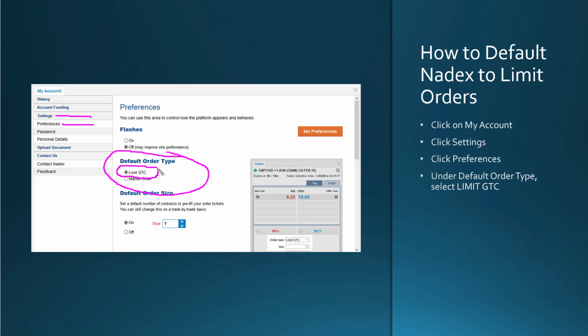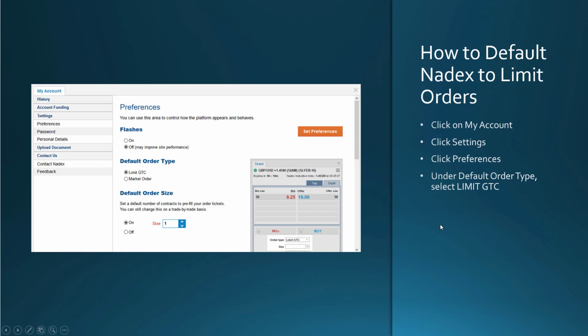Make sure that your limit GTC is highlighted, or the little circle is by limit GTC. You can also set your default contract size right here. If you want it to be a default of 1, 2, 3, 4, whatever you want, you just set it right here, and that way you're not constantly changing market to limit or your order size.